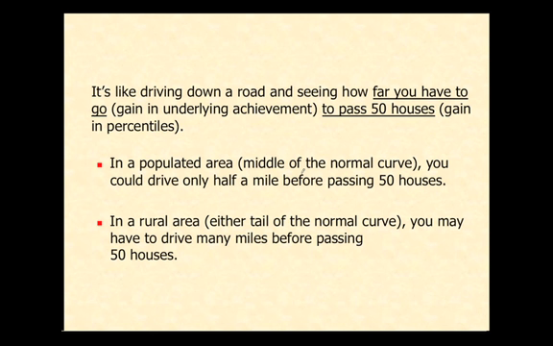But out in the rural parts of, say, Maine, northern Maine in particular, you might have to drive many miles before passing 50 houses. So the mailbox analogy, I think, is a good one. If you think about where people live and where people don't live, it's easier to go by folks when there's lots of them clumped together.